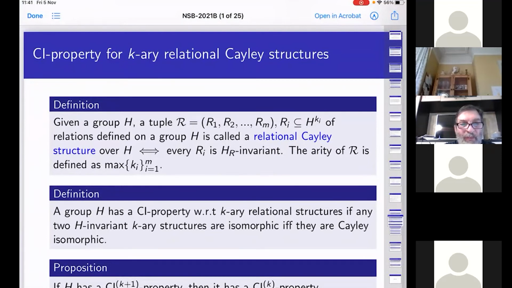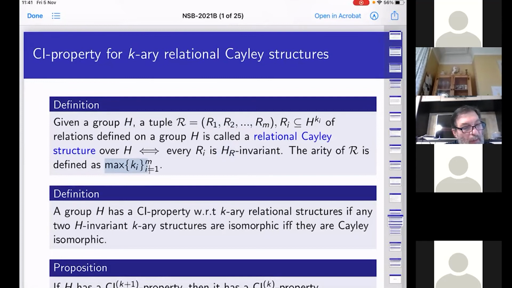You take a bunch of relations of different arities on a set H, and this tuple is called a relational Cayley structure if every relation is invariant under the group H-right. And the arity of this tuple is the maximal arity of the relations.